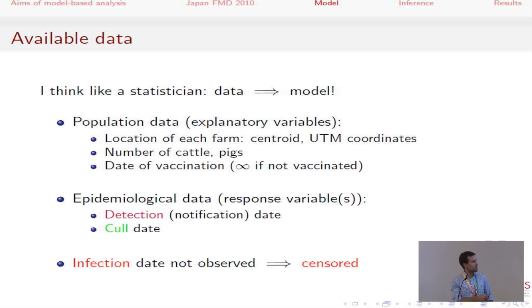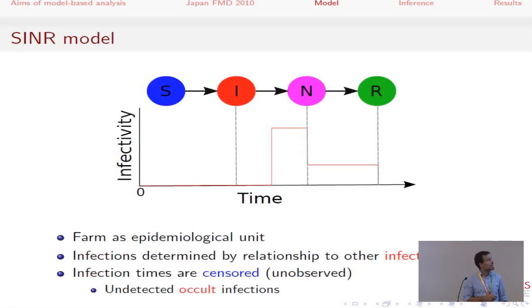Okay? And just to make the point that infection dates are not observed. You don't typically observe exactly when a farm got infected. You might have some idea based on assessments of clinical lesions, but you might not, but you almost certainly won't observe that actual infection event. Okay, so somehow we've got to account for that censoring. So I used an SINR model where farms start as susceptible, become infected, and then after a period of time become infectious.